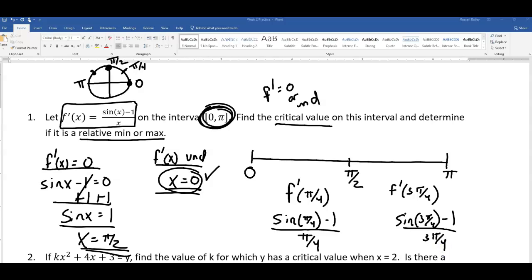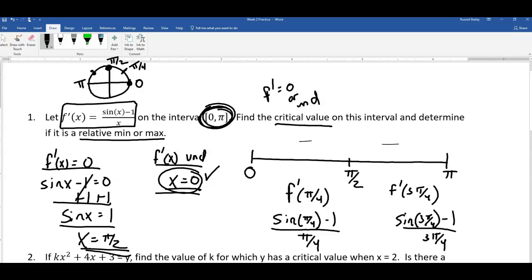And then from there you can use your calculators to figure out is it negative or positive, or you can use your knowledge of trig. In either event, both of these come out to be negative. So you have a negative here, and you also have a negative here. And so it's neither is the answer.